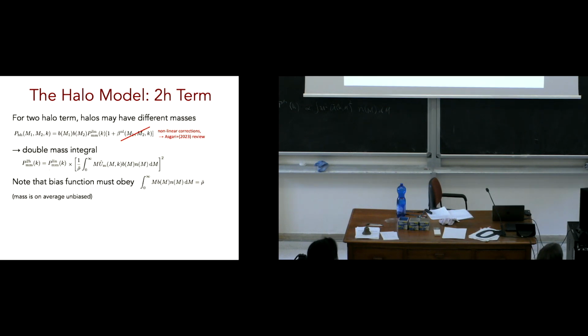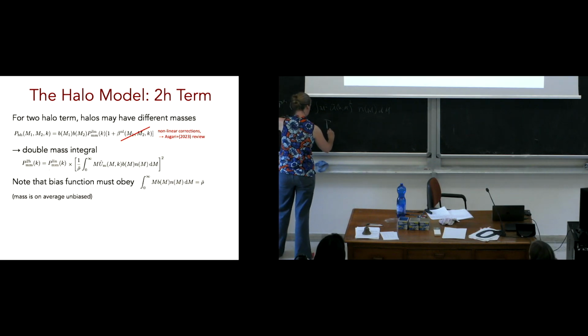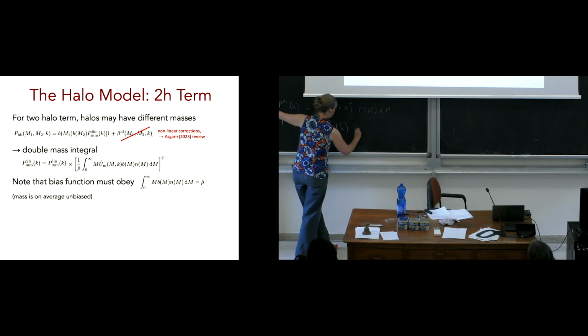But on very large scales, so low k, you can think of this integral basically as the mean bias of the halo sample. So let's just write our two halo term as the average bias squared.